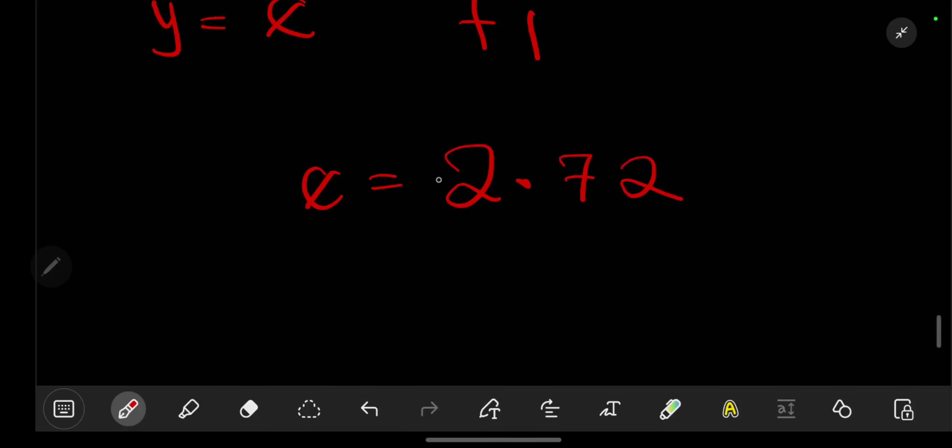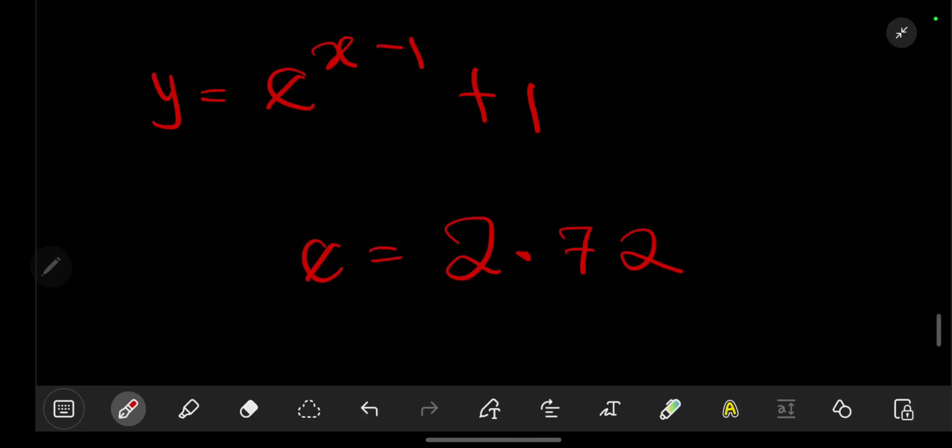So we have 2.72, that's the value of e. To graph this one, it is not going to be different. If we have an equation like e to the x, it is still going to be the same. We are just going to draw like that.